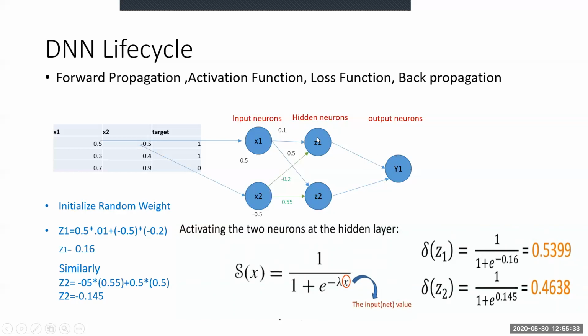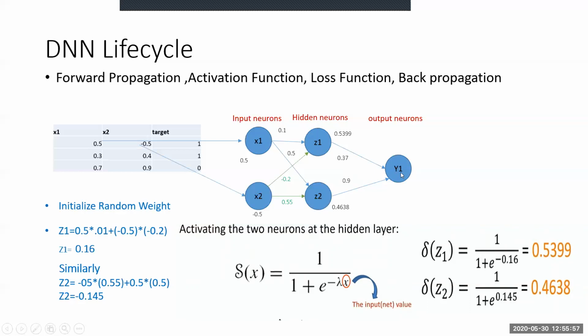Similarly, for z1 the input was x1, and for y1 the input would be z1. If you see, the value of Z1 is 0.5399 as I showed you, and the value of Z2 is 0.4638. Now again, what we need to do is initialize the weights. So we are initializing random weights from here, and then calculating the value of Y1.